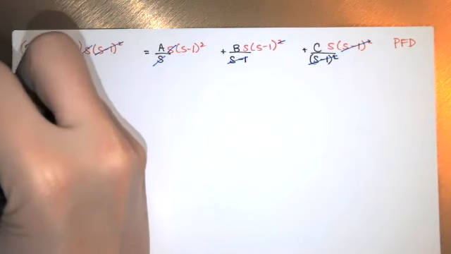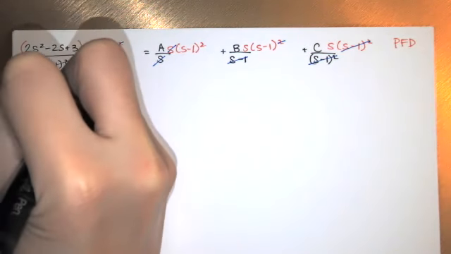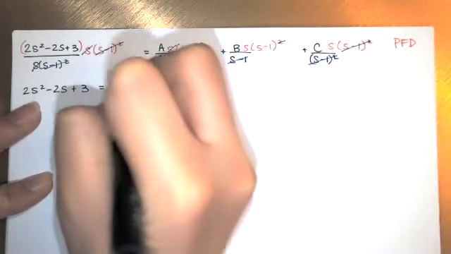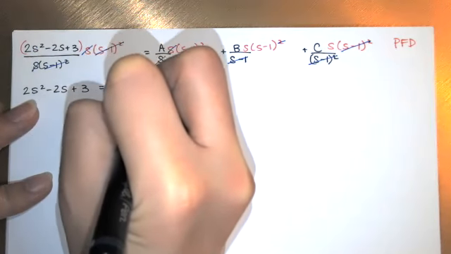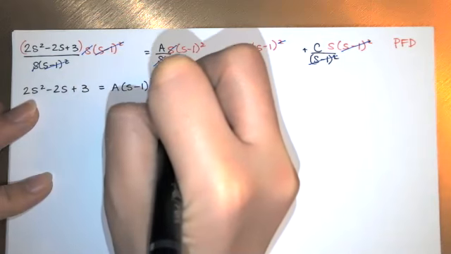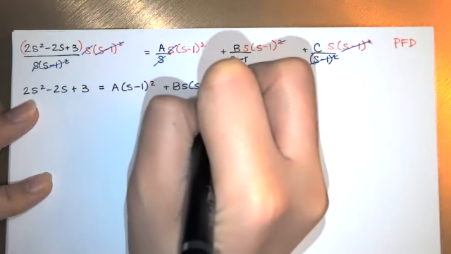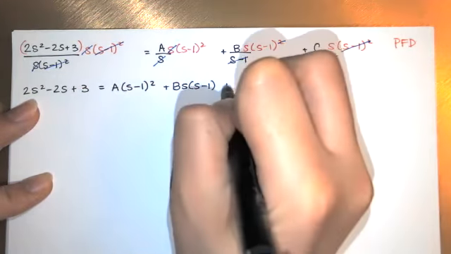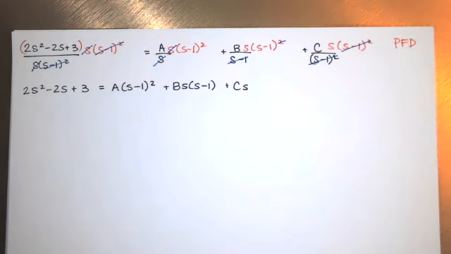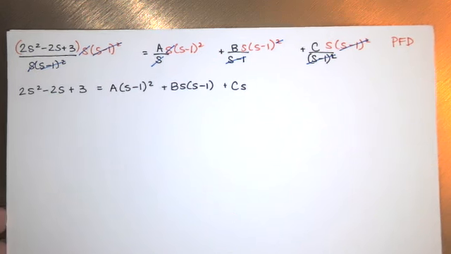So we end up with 2s squared minus 2s plus 3 equals a times s minus 1 squared plus b times s minus 1 plus c times s. And we're going to do the same thing that we did last time. We're going to choose values of s that cause our factors to be 0.